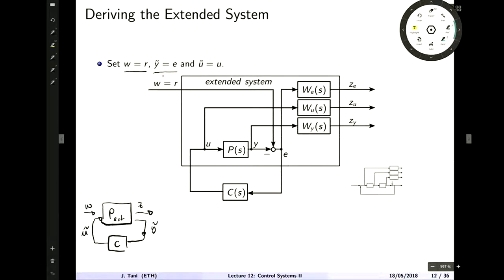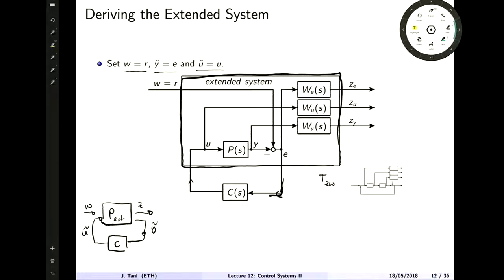So we set Y tilde as the error, U tilde as U, so the error goes down to the controller, which feeds back its control input U, and now we see that the big square here is exactly our system from W to Z. Clear?